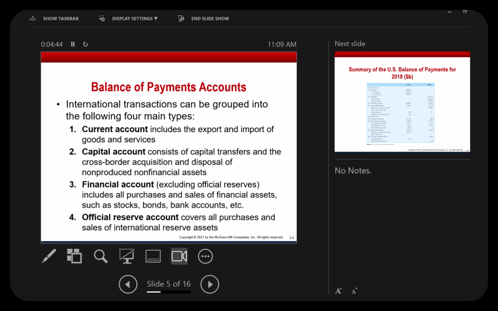Those are all international reserve assets. So that would be in the official reserve account. In the old days, that was relatively an important item, but nowadays, especially for major countries, not much.